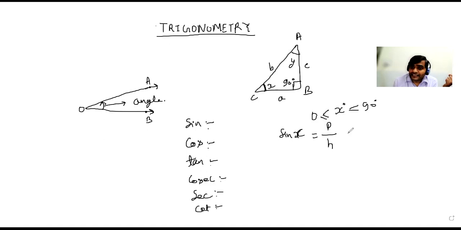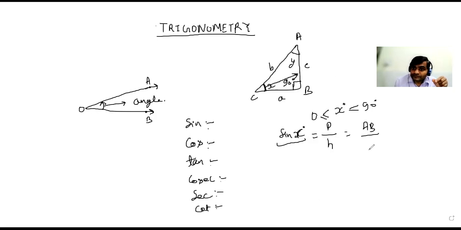The perpendicular is always in front of the acute angle we are taking. Now we are taking the angle x. So for sine x, the perpendicular should be AB, because side AB lies in front of angle x.